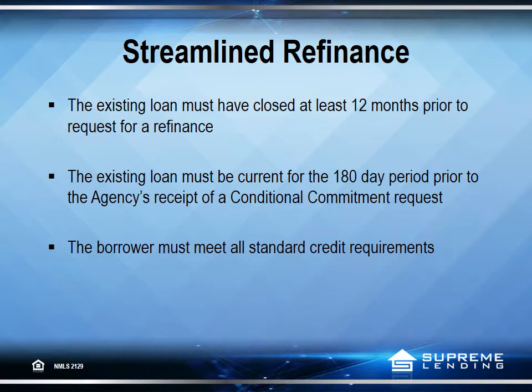The existing loan must have closed at least 12 months prior to request for a refinance. The existing loan must be current for the 180-day period prior to the agency's receipt of a conditional commitment request. The borrower must meet all standard credit requirements.